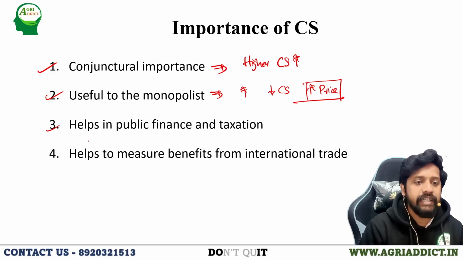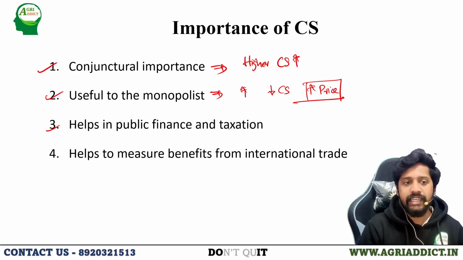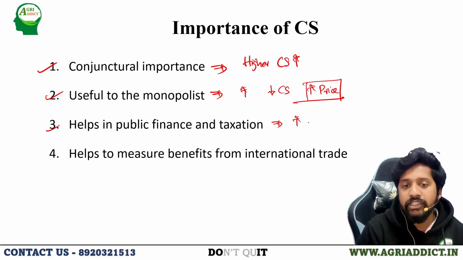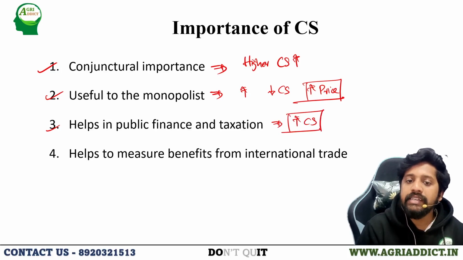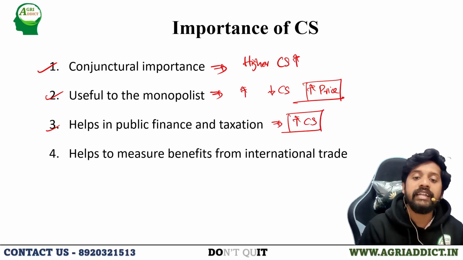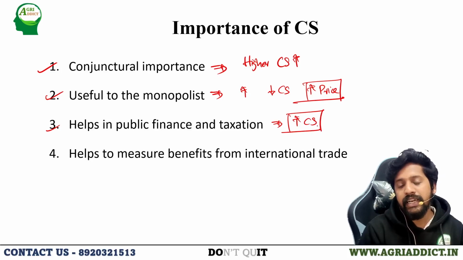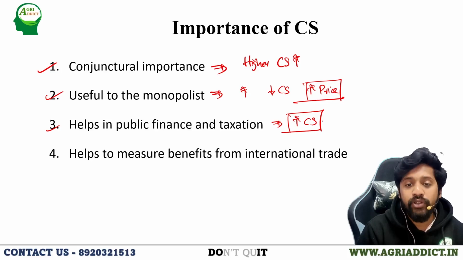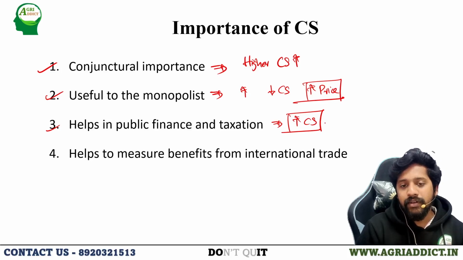Third one is it helps in the public finance and taxation. How does it help in the public finance and taxation? Suppose a commodity is having higher consumer surplus, that is, the price he is willing to pay is much higher than the price he actually pays, right? So therefore the government can impose some tax on those products, right?